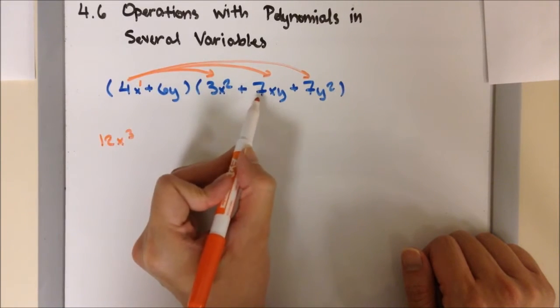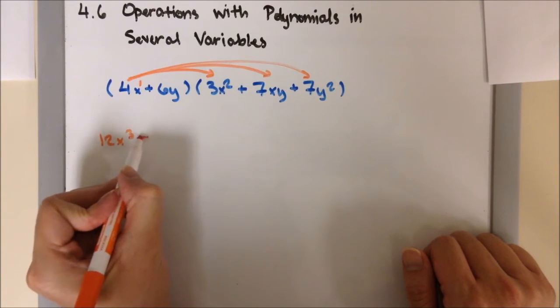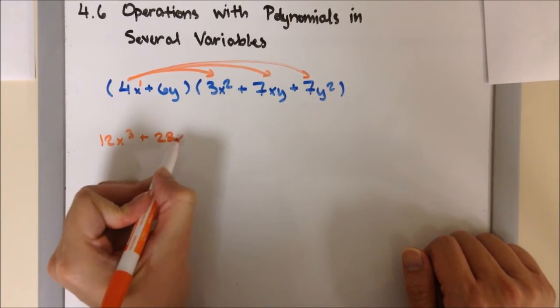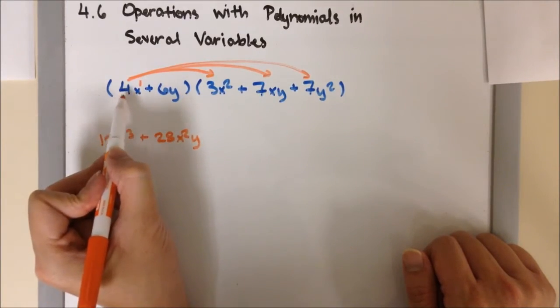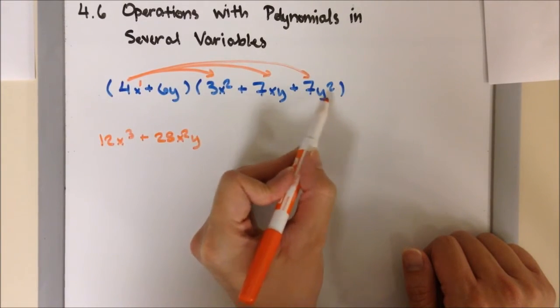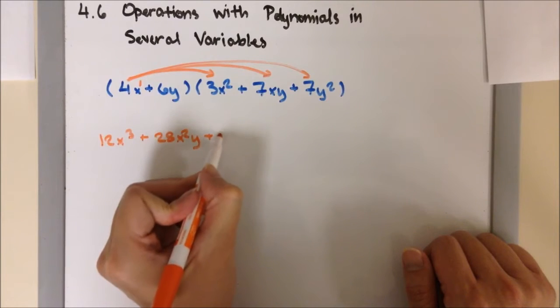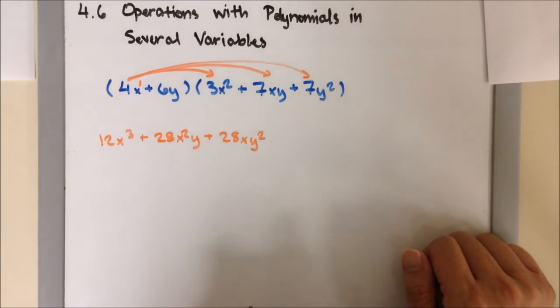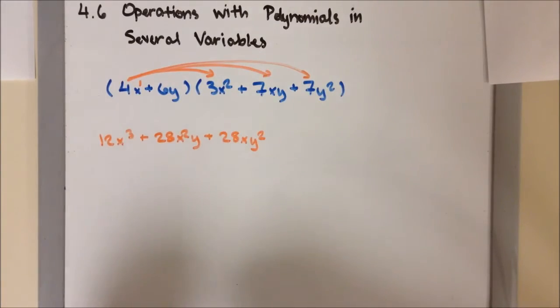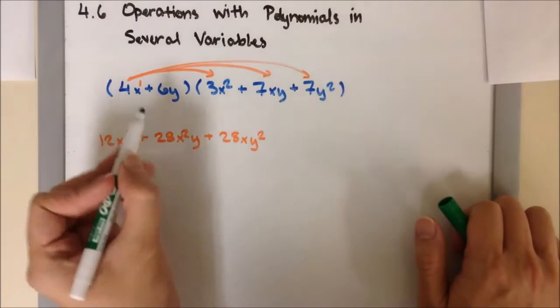4x times 7xy, it will become plus 28x squared y. 4x times 7y squared, it will be plus 28xy squared. Alright. Now, let's talk about the second half of FOIL, the 6y.